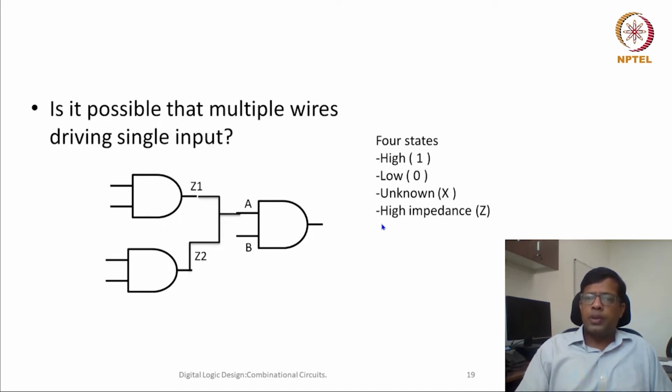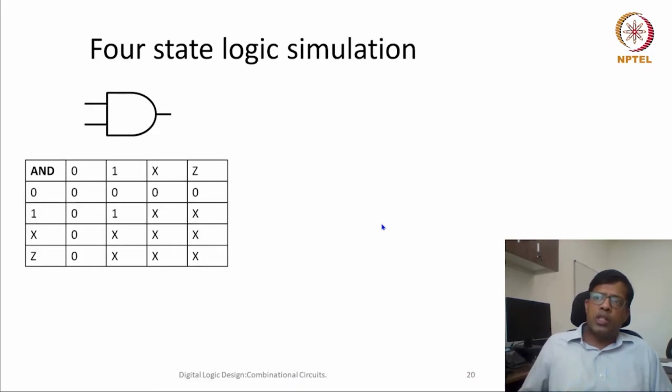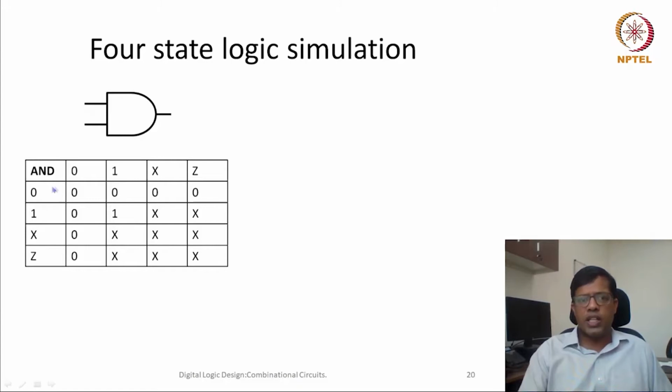Now, assume that we have to work with these four states. How would a typical AND gate work? Let's say this is an AND gate, this is the first input, and this is the second input.